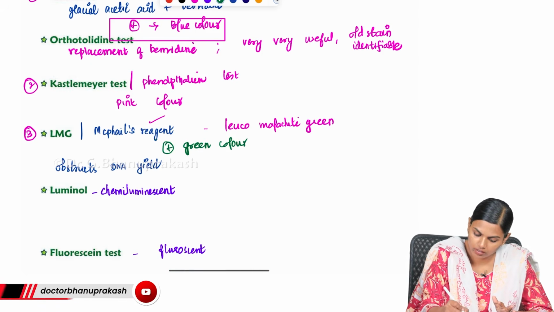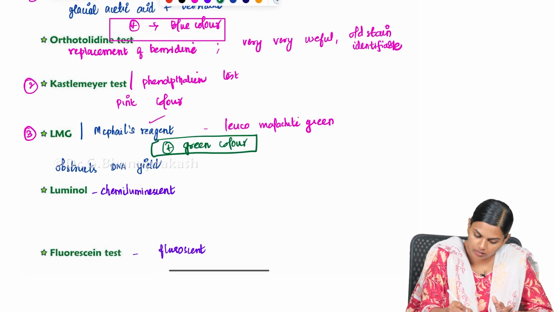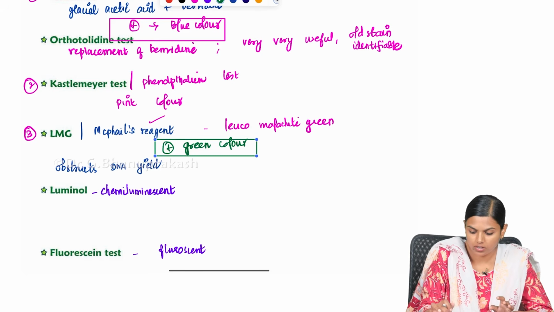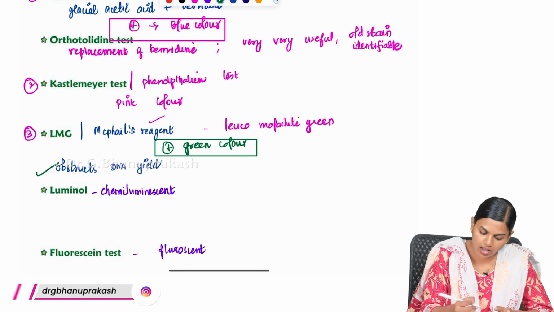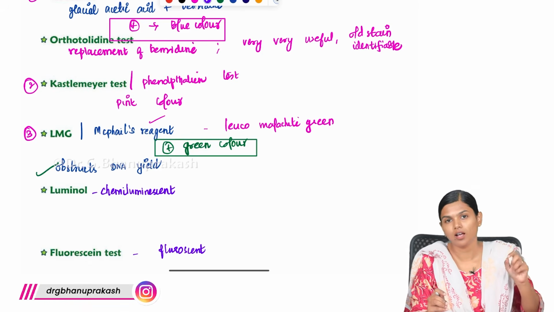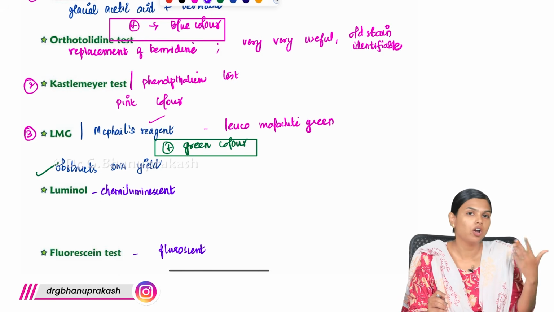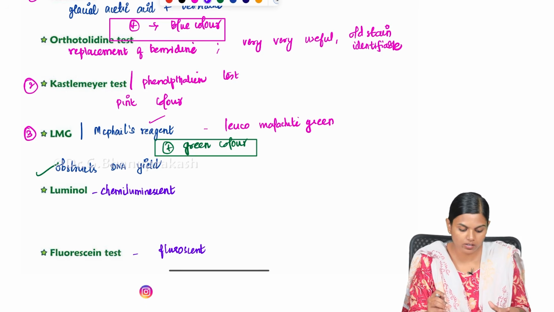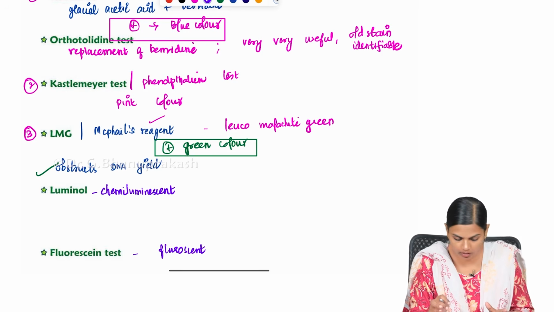Positive means it will give green color. And the main disadvantage of this test is that it will obstruct the DNA yield. Like if you use the stain under this reagent, you will not be able to use it for DNA analysis. This is the main disadvantage of this leucomalachite green test.